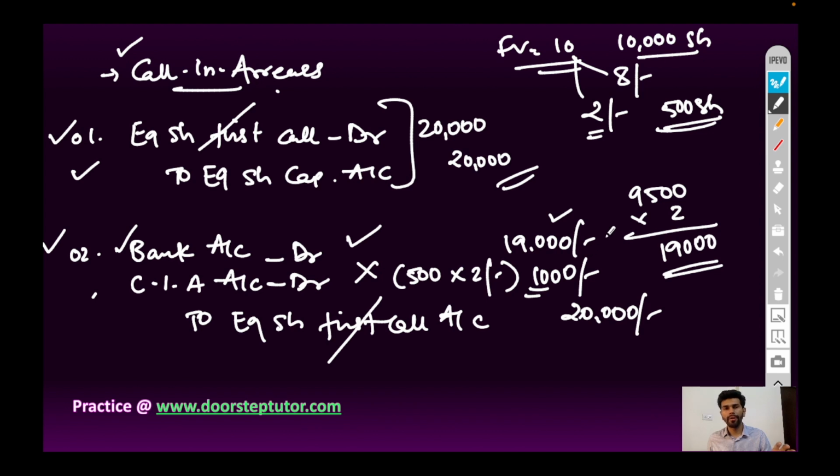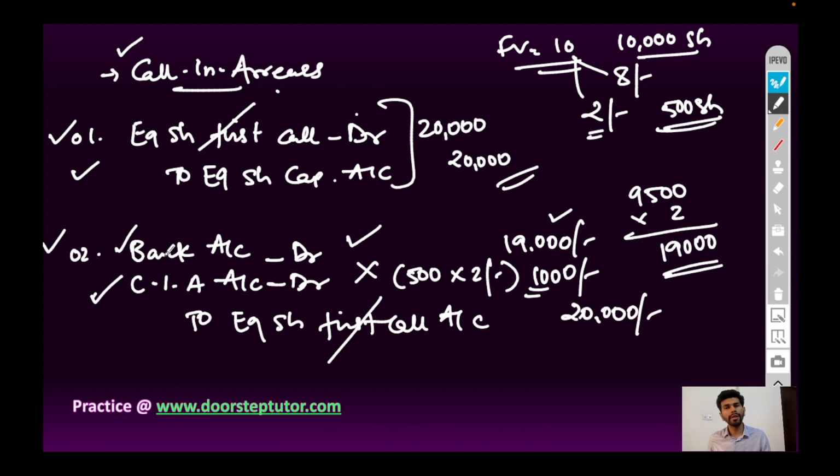Now in case of call in advance, the first entry will be the same, but the second journal entry will be credited with call in advance. If call in arrear is there, then it will be debited.